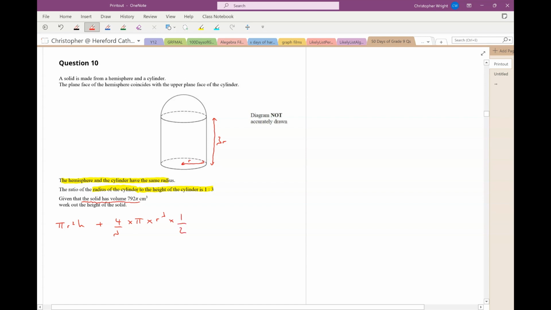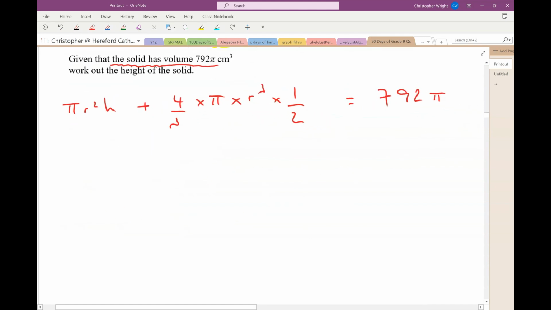So there's an expression for the volume of the whole solid, and I know that equals 792 pi. Now, I can do without that h, because I know that h is 3 times r. So what I've actually got here is pi r squared times 3r plus 4/3 times a half, that's 4/6, pi r cubed equals 792 pi.